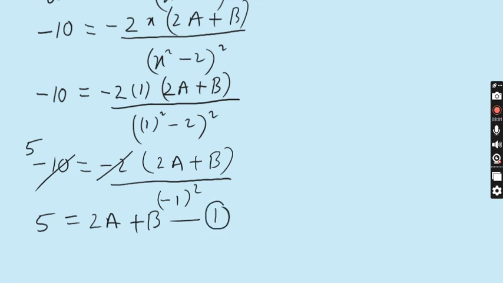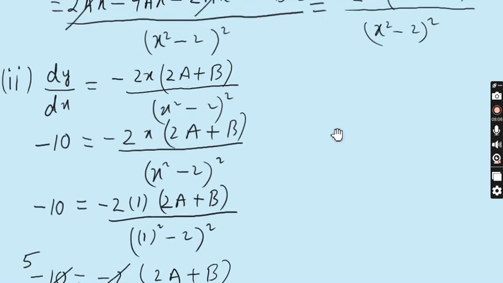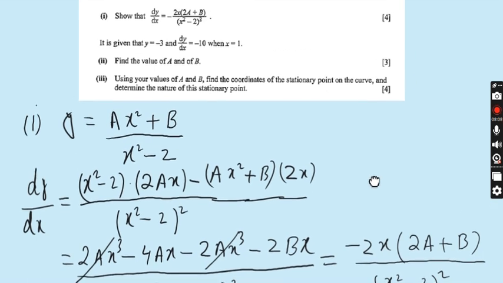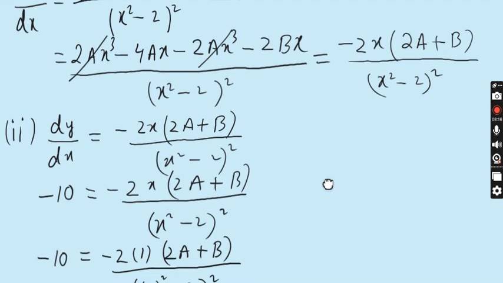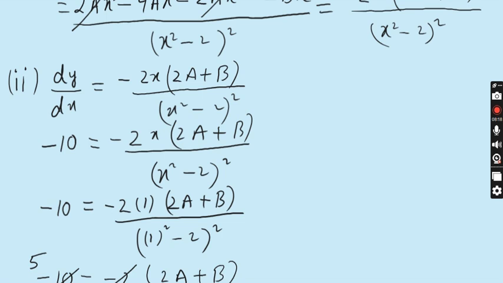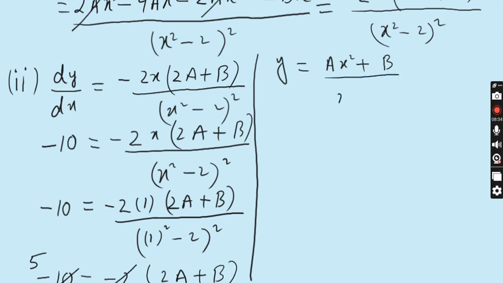Now see the next condition. What is the next condition? Again, it is given that y is equal to negative 3. So what was our question? What was the value of y in the question? y is equal to ax² plus b upon x² minus 2.